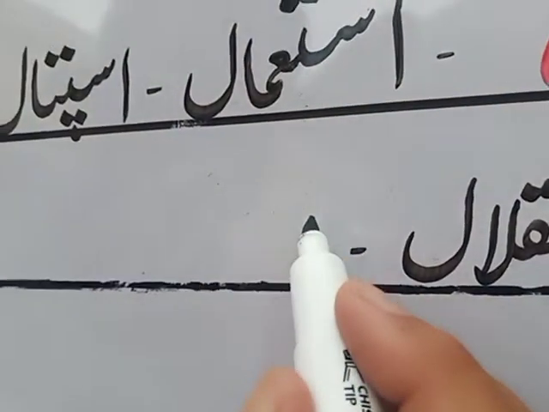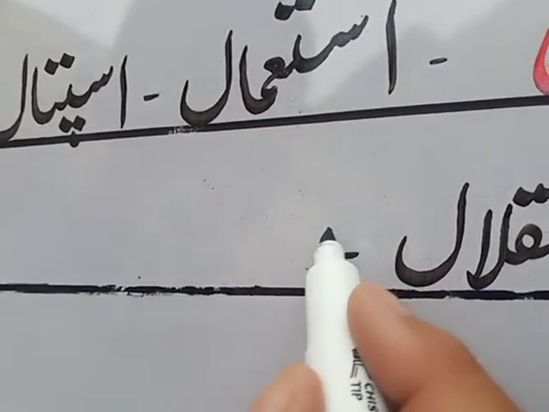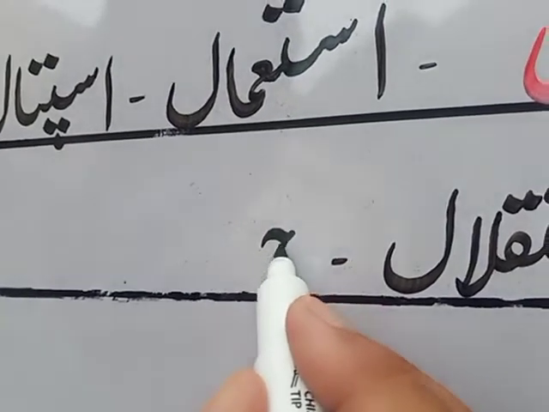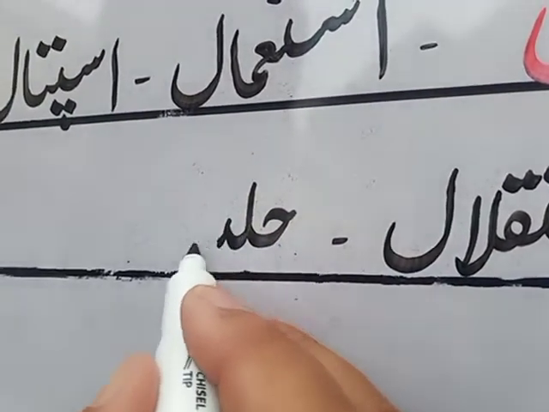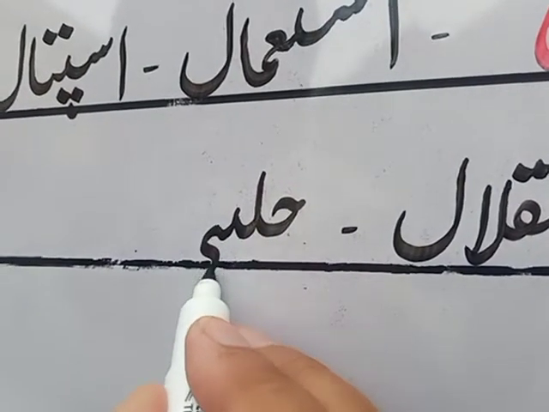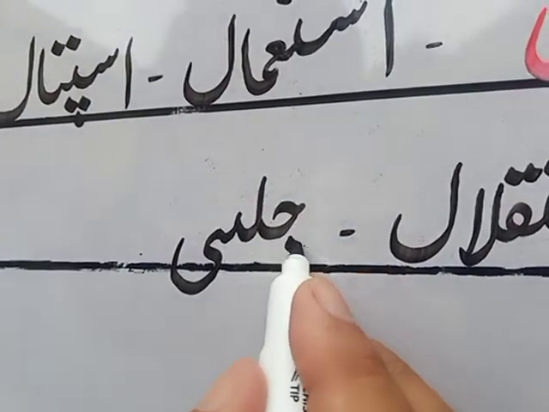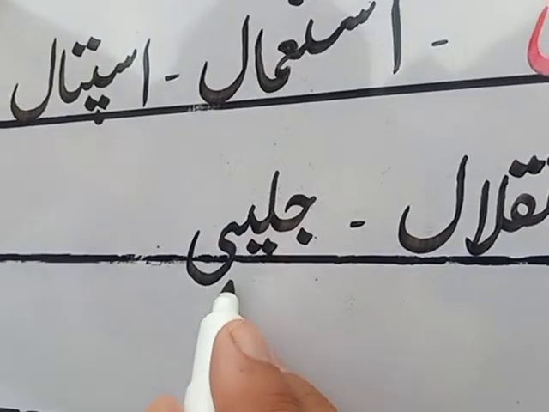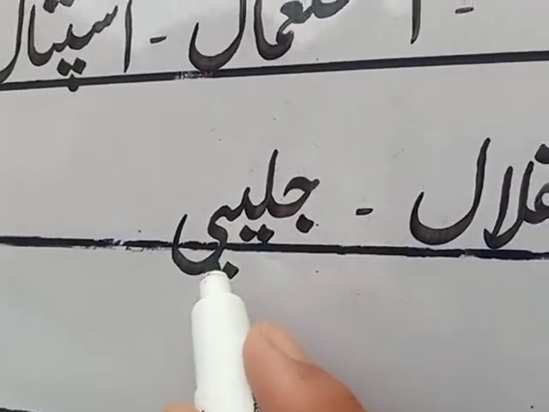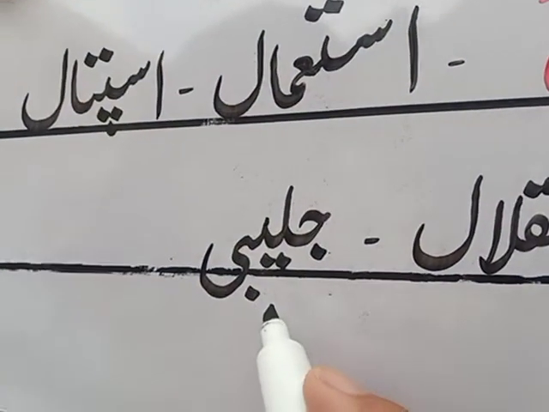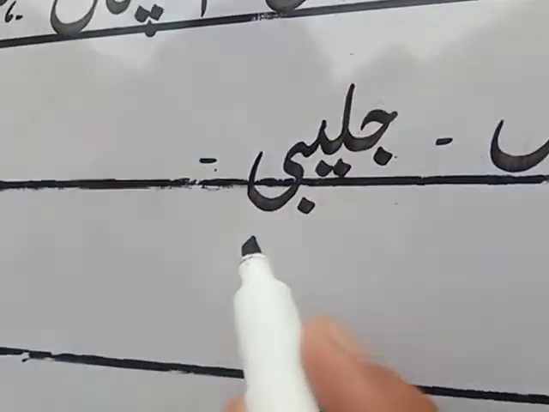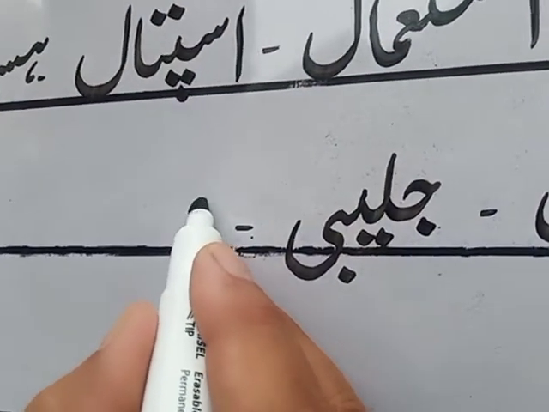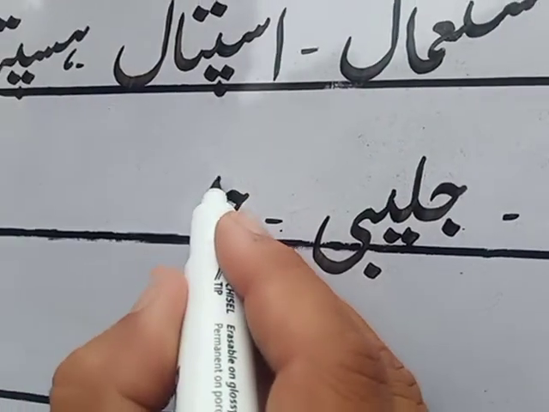Next word is jalebi. You can write it in this shape, but if you write the plural of jalebi, you can write in this way, jalebiyan.